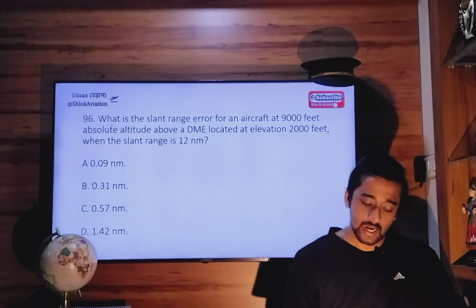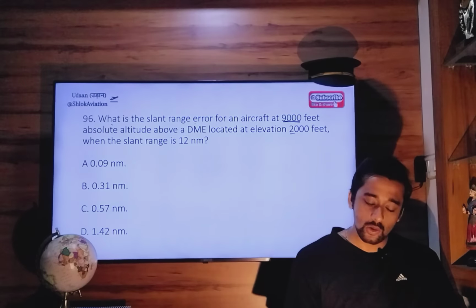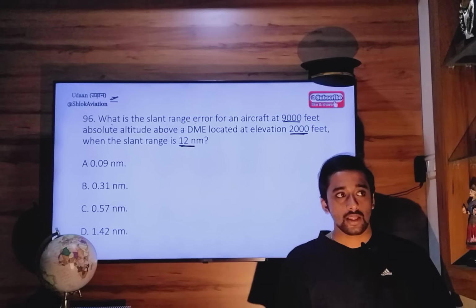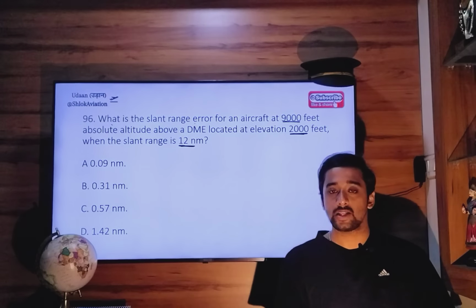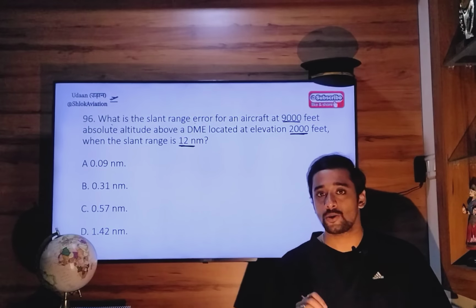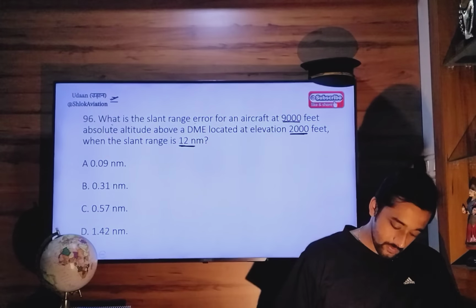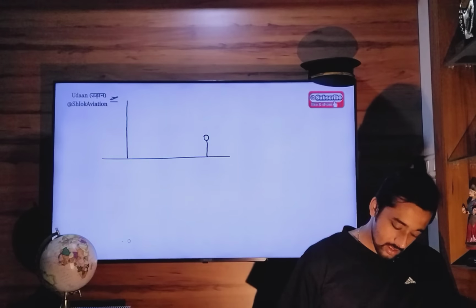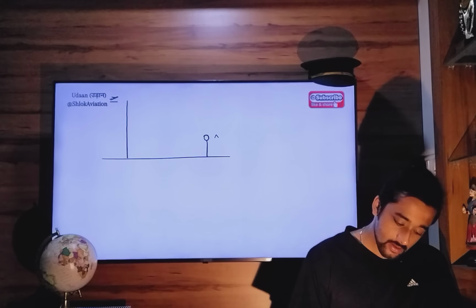Next, what is the slant range error for an aircraft flying at 9,000 feet, DME 2,000 feet high, when the slant range is 12 nautical miles? The slant range error means the difference between slant range and ground range. So let's draw this diagram. The DME station is 2000 feet high.